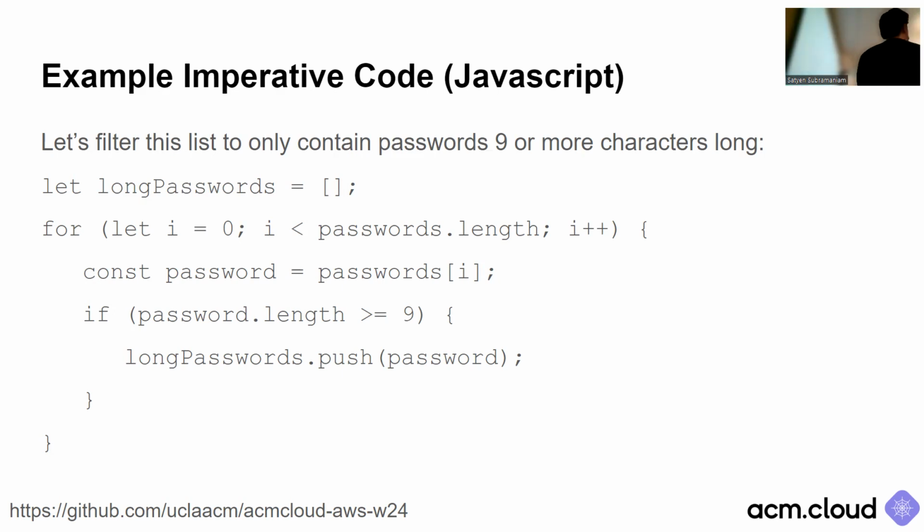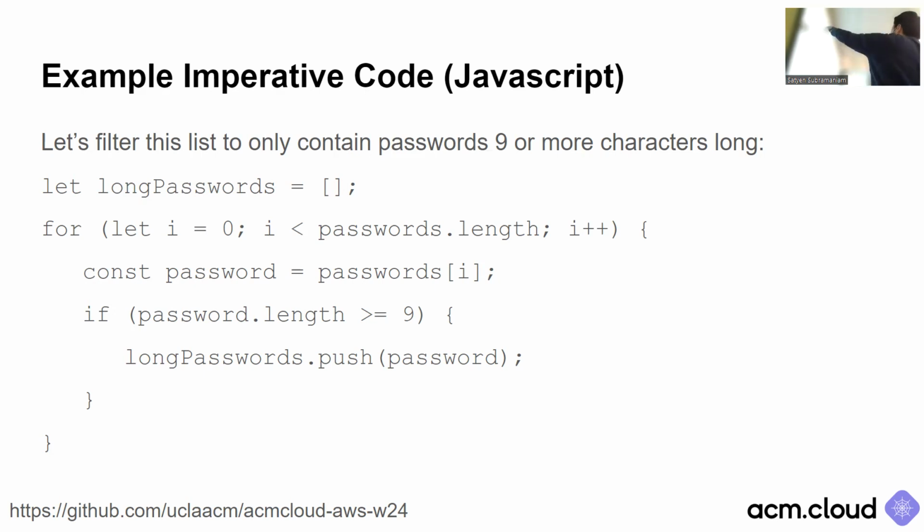And so again, pretty simple, right? Just define a new array to contain our new list of passwords greater than 9 characters. If you're unfamiliar with the JS syntax, let is just a way of defining a variable.